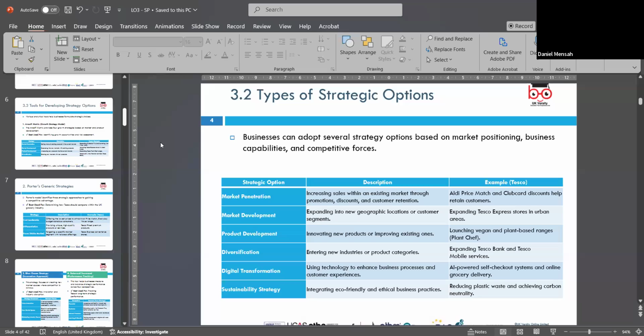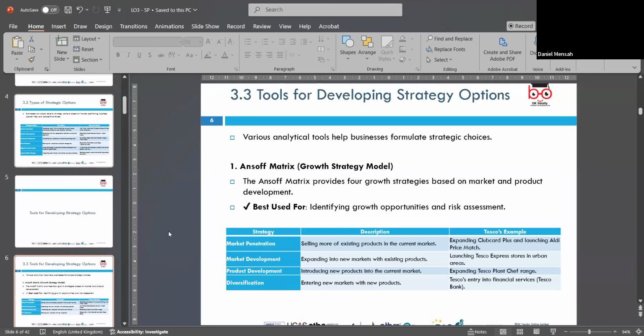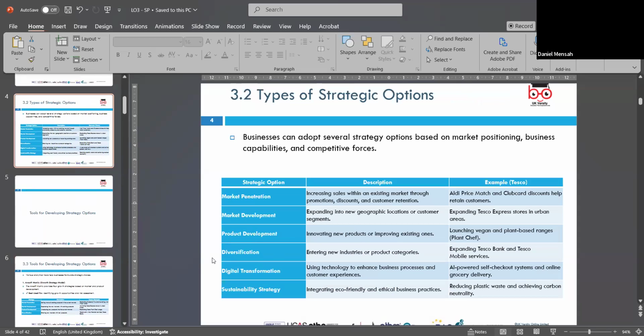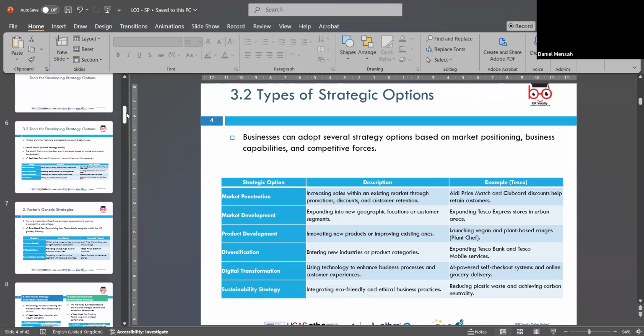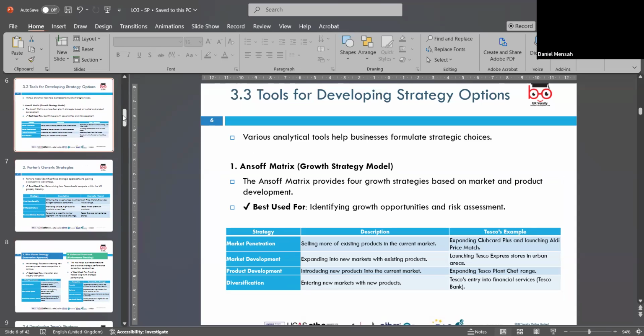So let's start with the NCFE models because it is covering all these four strategies here. The first four strategies will be covered under NCFE's model. Digital transformation and sustainability strategies we have covered many times. You can just go through these strategies yourself at your convenience, in your free time.